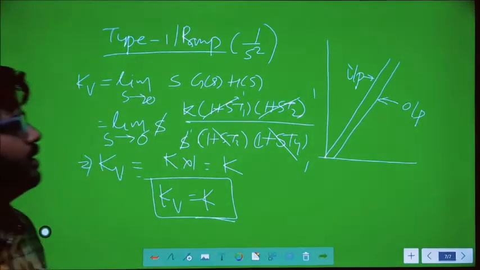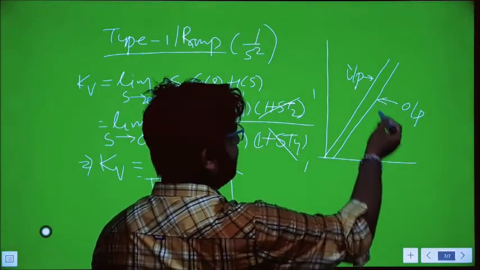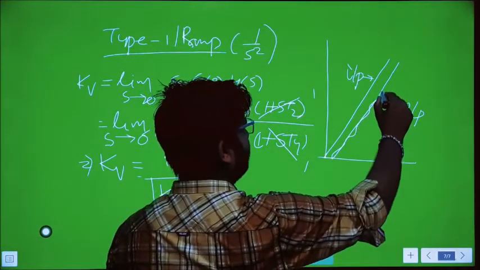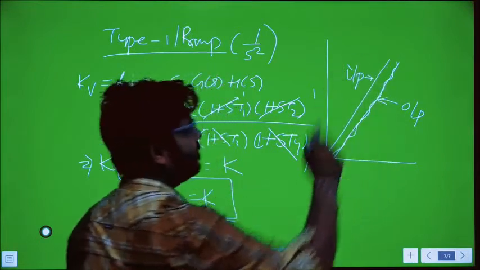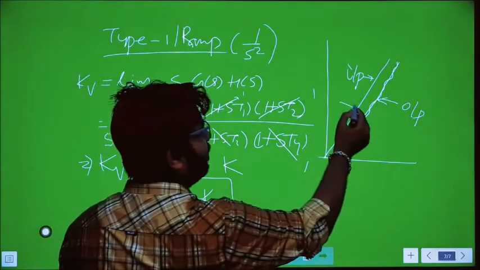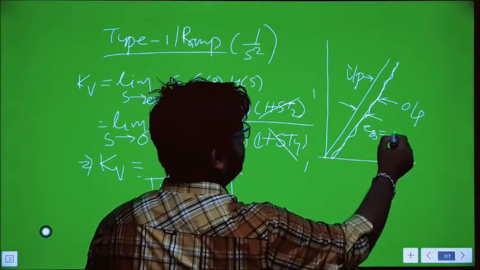The output line may not be exactly parallel to the input, but it will reach the same with a small error. So this gap is called my ESS, which is some constant value.